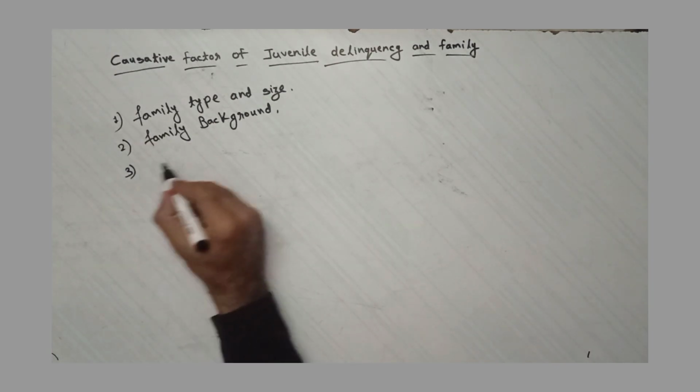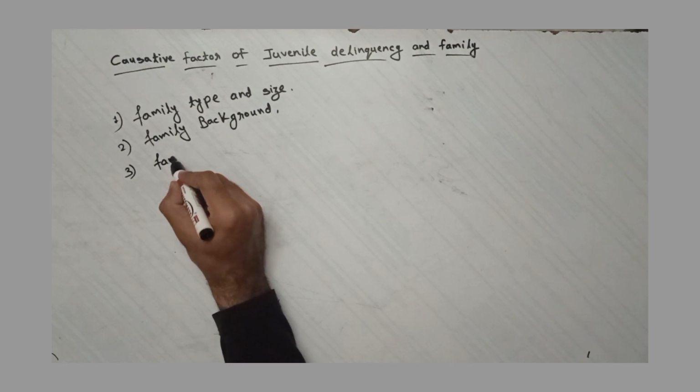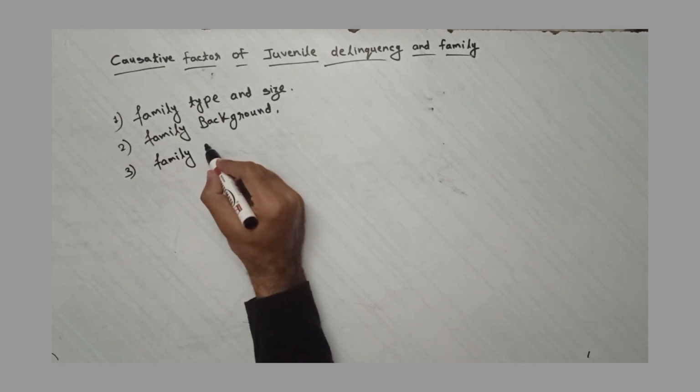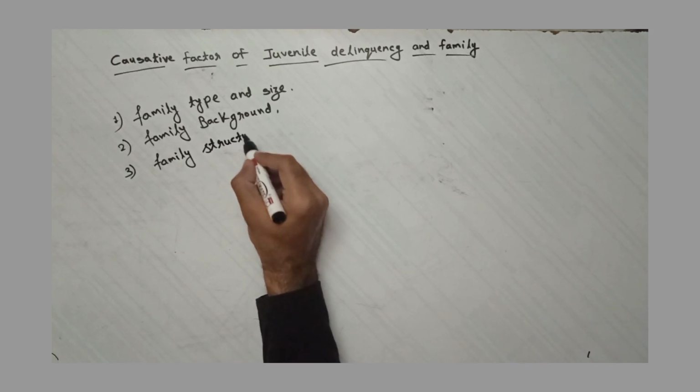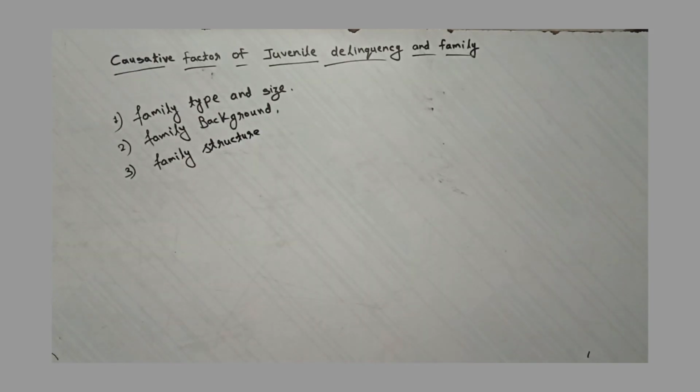Third one goes to family structure. Family structure means what type of family it is. Is it a joint family or a uni family? We can say the uni family means a mother, father and child. This is called the uni family concept.